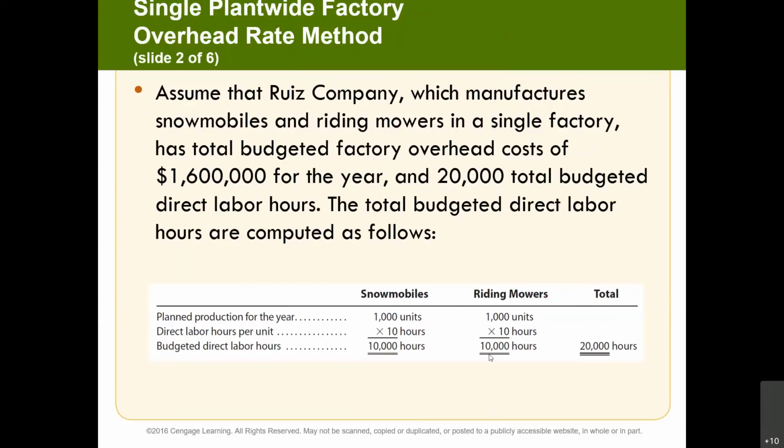For the riding lawnmowers, the company has designated they're going to produce 1,000 mowers. It takes 10 hours to manufacture each mower, and we budgeted 10,000 labor hours to produce all of the riding mowers for the year. So that gives us 20,000 total labor hours for the year for the company.